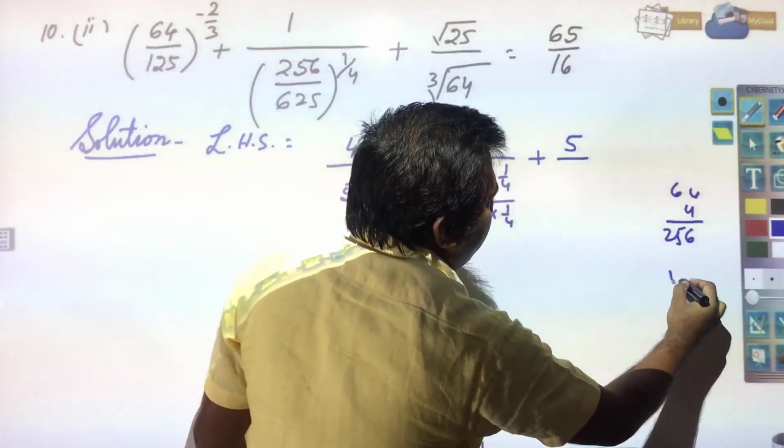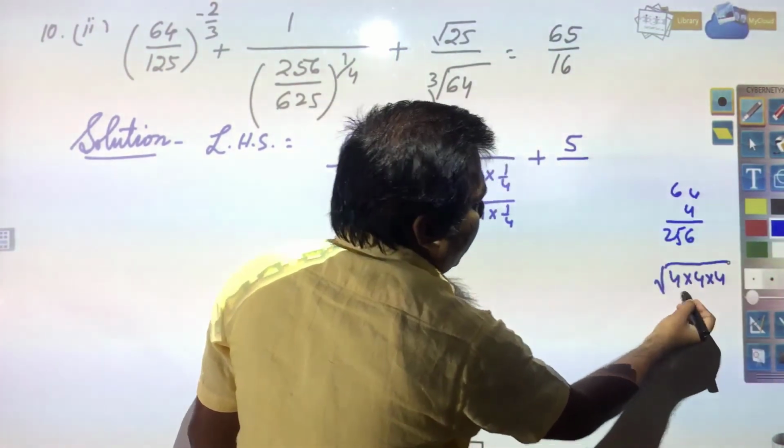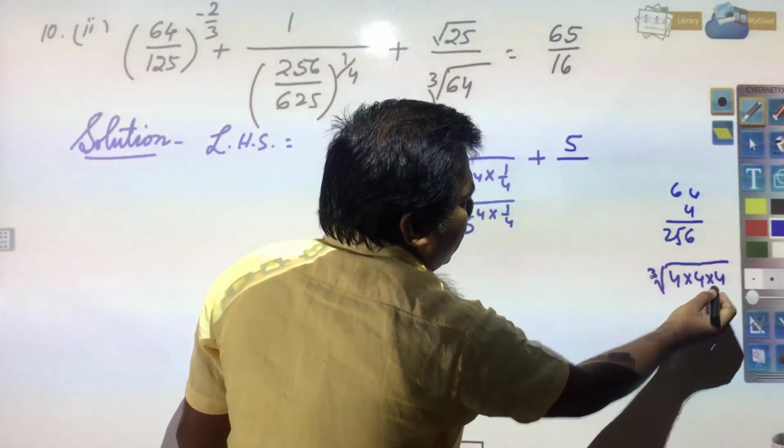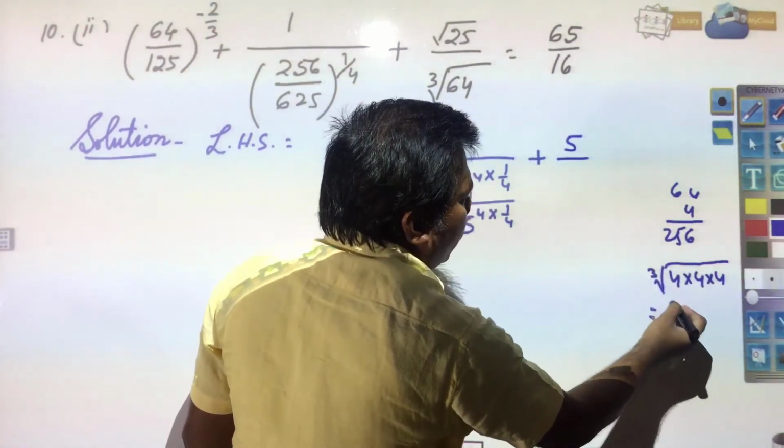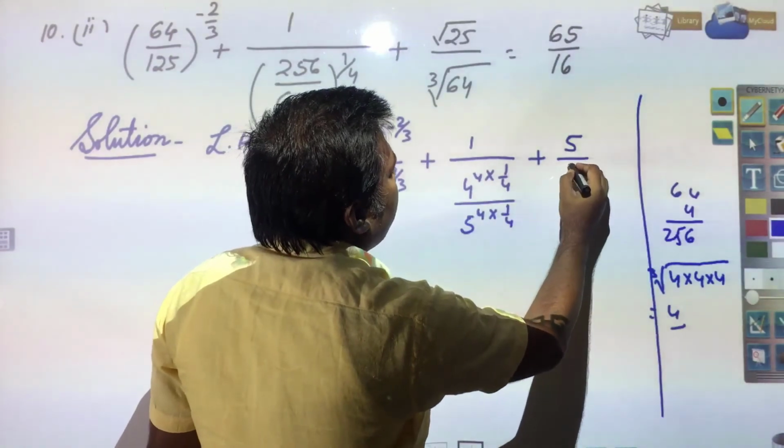You see 4 into 4 into 4, 64 can be written as 4 into 4 into 4, it means what? Cubic root of this will be 4. So, this can be written as 4.